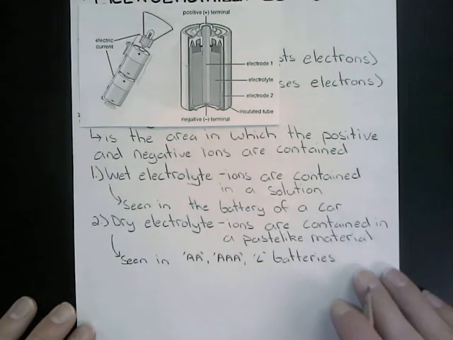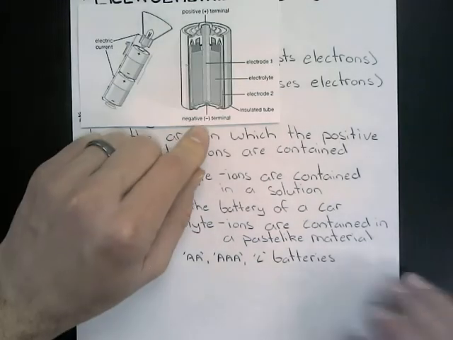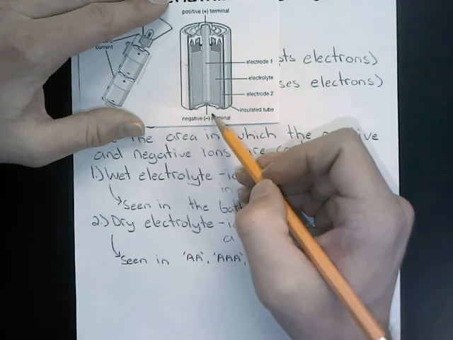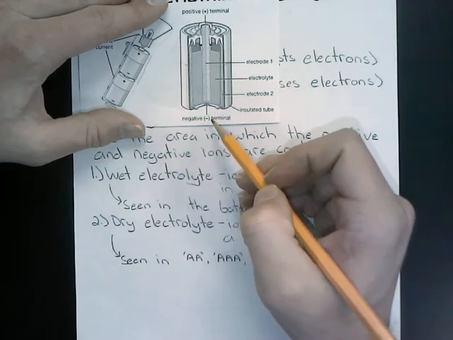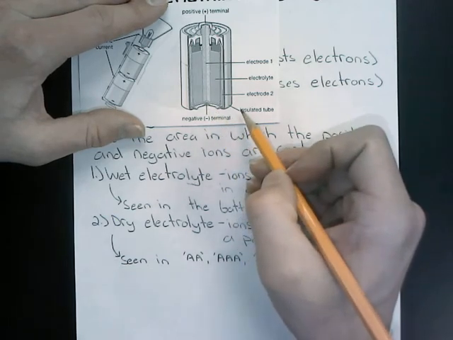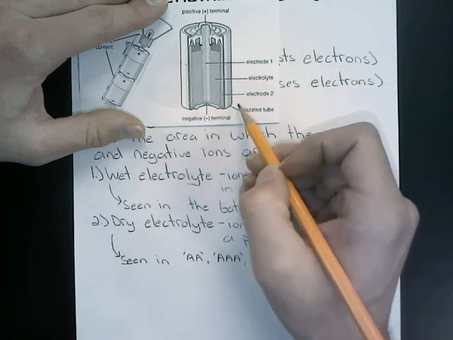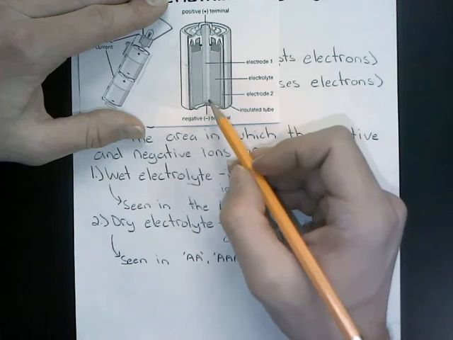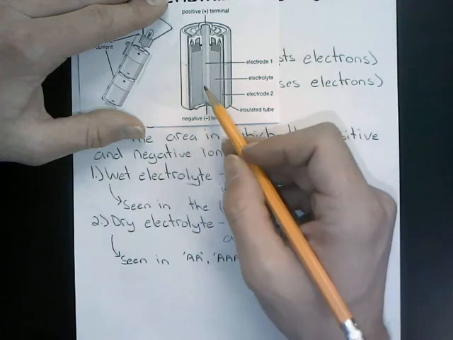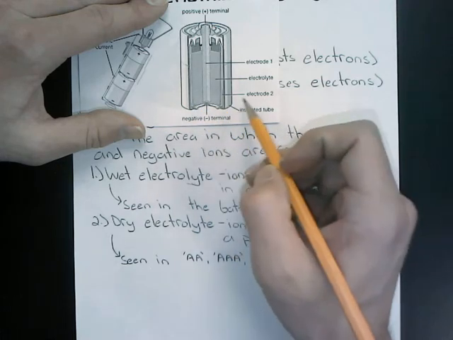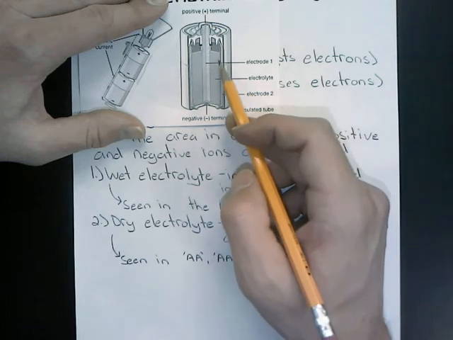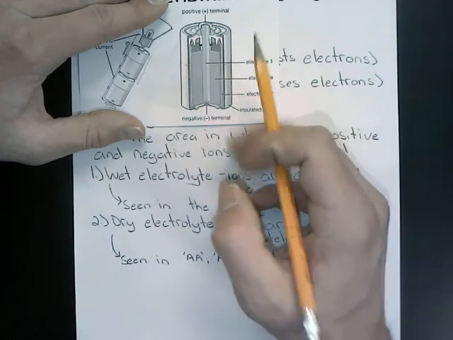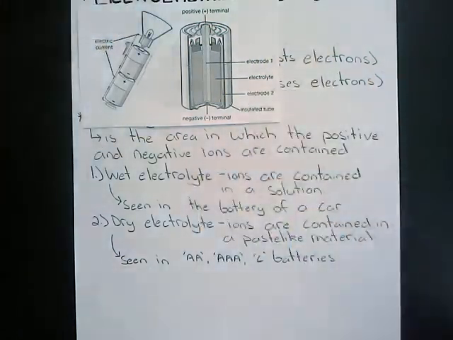Remember, we have our negative terminal that is producing the electrons, and it, if you can see here, is connected to the electrode that is allowing the flow of electrons to happen and go to the other electrode, the cathode, and release those electrons.